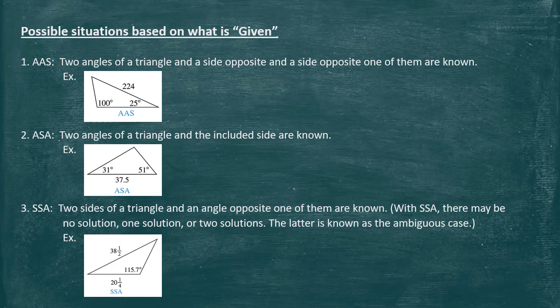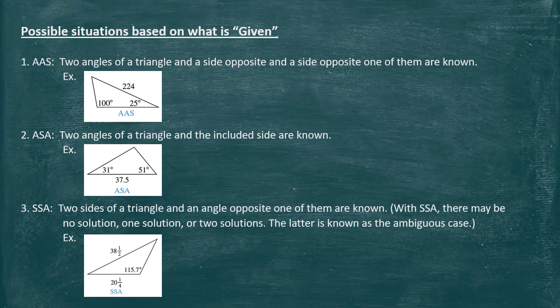Or there's the third situation, which, if you recall, didn't work with proofs, but it is something that still can allow us to draw a triangle. It's just that potentially I might actually have multiple solutions or maybe no solutions at all. So that's going to be the one we'll probably spend the most time on in this video, the side-side-angle situation.